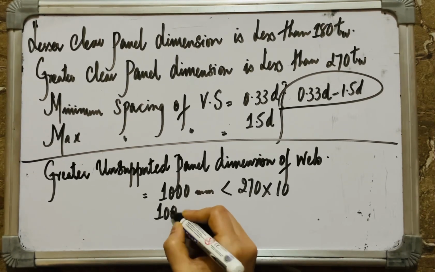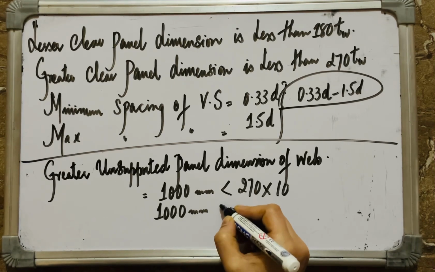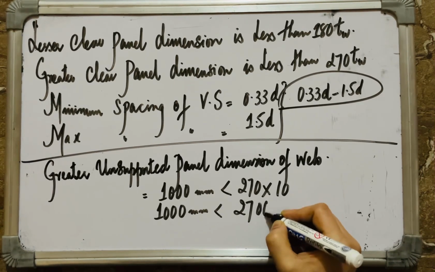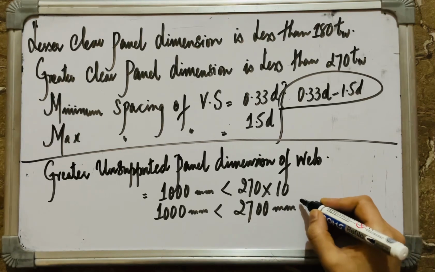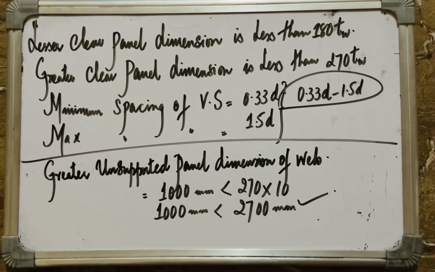That is, 1000 mm is of course less than 2700 mm. Hence, it's correct and safe. So the greater unsupported panel dimension of the web, which is 1000 mm, is less than 2700 mm, which is as per the design specifications for the vertical stiffeners.